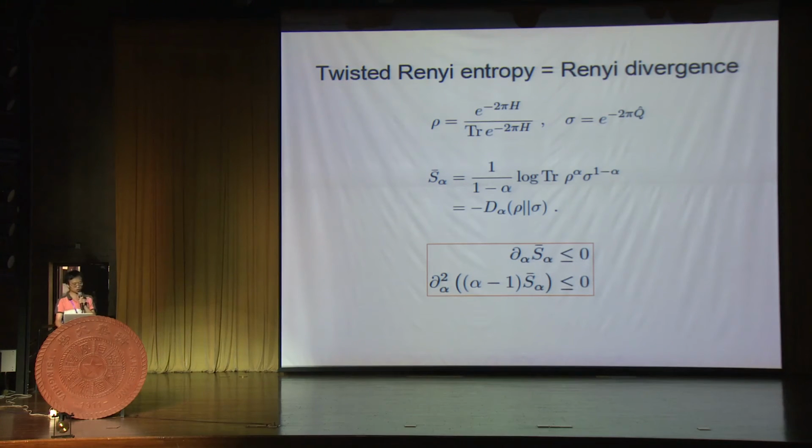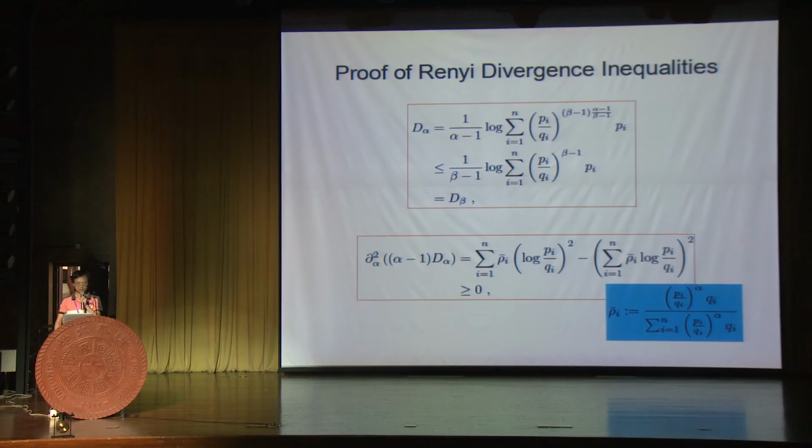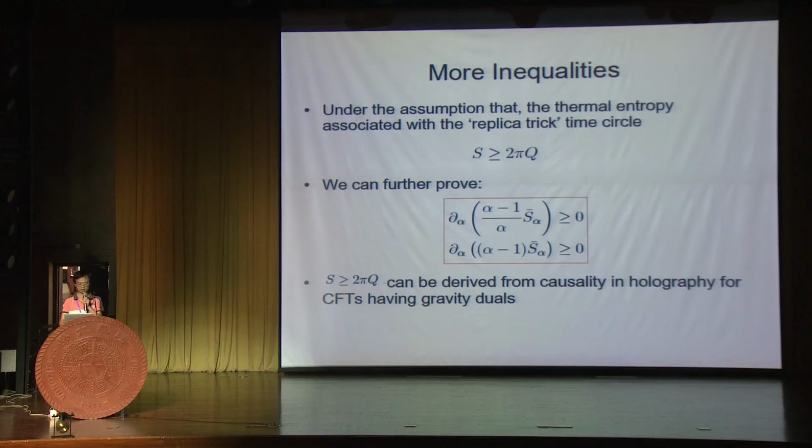Then the following two inequalities directly follow from the inequalities satisfied by the Rényi divergence. Here is the mathematical proof of these inequalities for the Rényi divergence. The first one is monotonicity, and the second one is concavity for this combination of (alpha minus 1) times alpha.